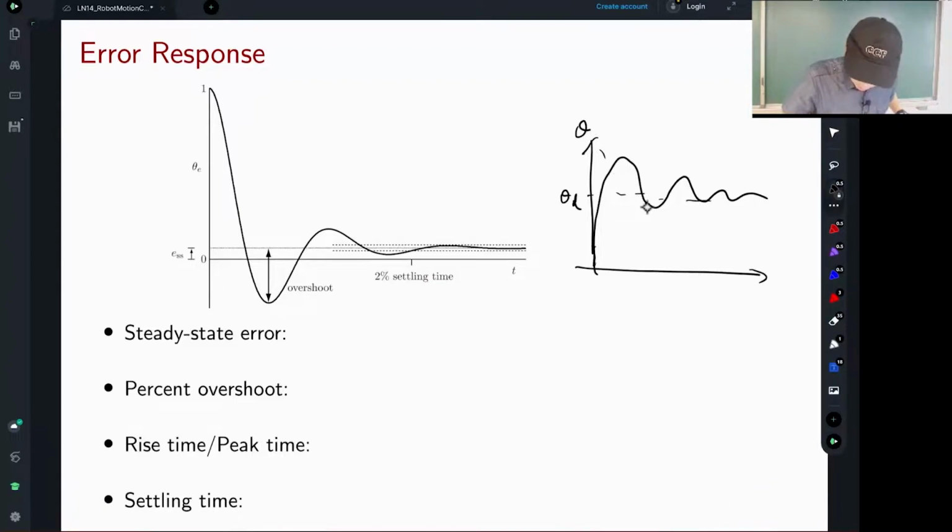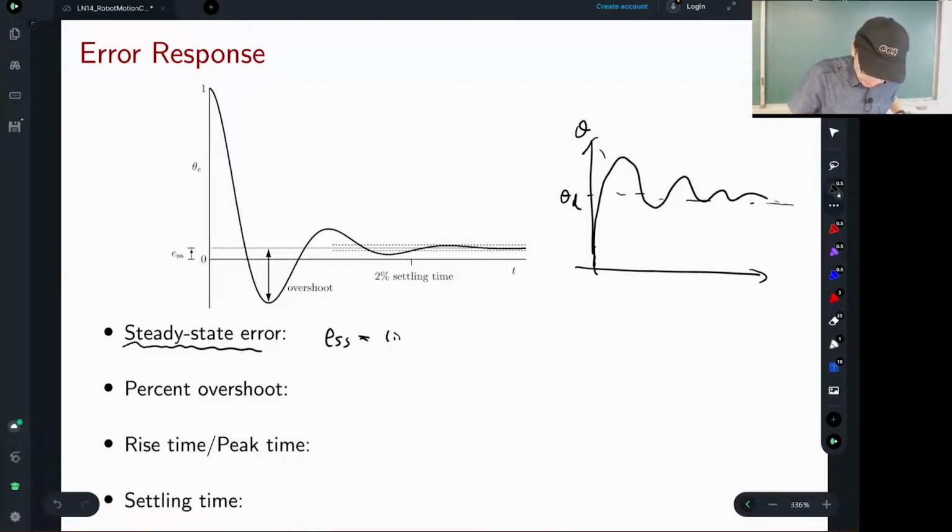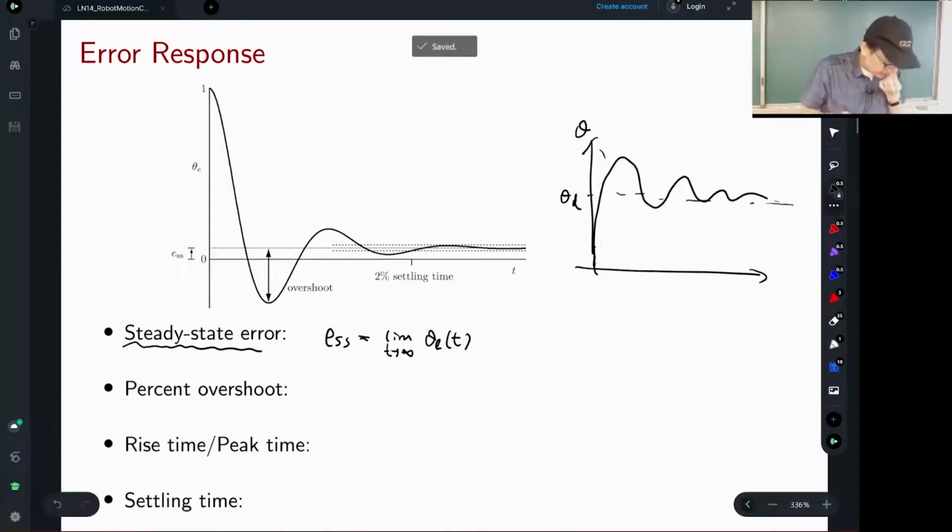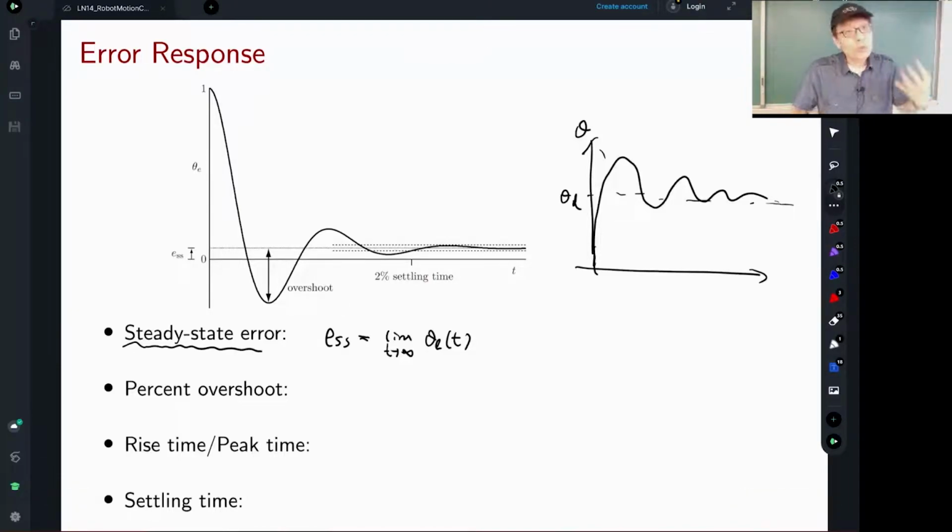Eventually you want it to converge to theta d, and there's a steady state error, the ESS. It's typically the error theta e(t) when t goes to infinity. Sometimes, or most of the time, you don't want that. You also want some good transient performance. For example, this is called overshoot.